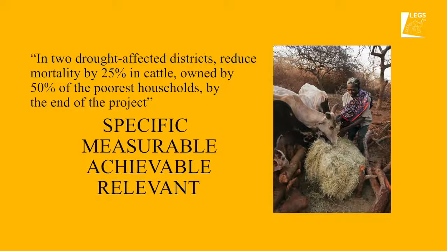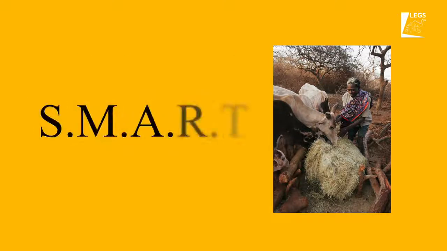It's relevant because it targets the poorest households and is based on the types of livestock owned by these households. And it's time-bound because it specifies that the impact will occur within the life of the project. We call this type of objective a SMART objective because it is specific, measurable, achievable, relevant, and time-bound.